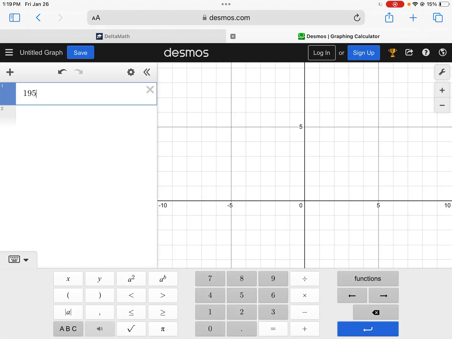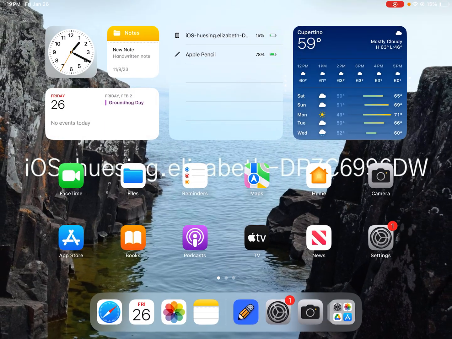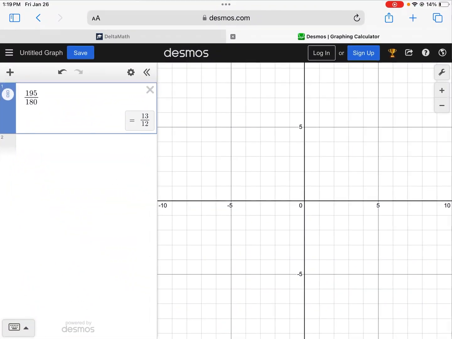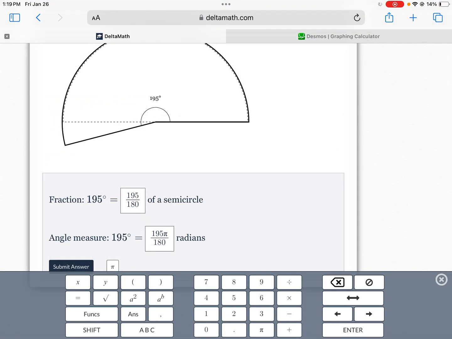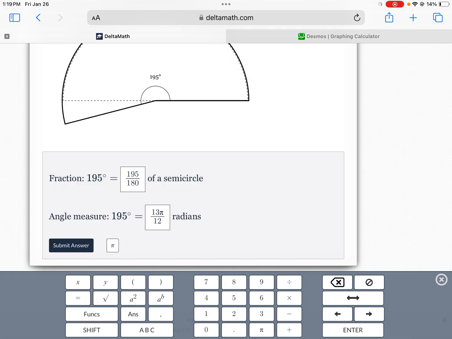What's 195 divided by 180? Turn that into a fraction. So that's 13 pi over 12. And we'll see if it takes it there. Oh, it still wants those up here.